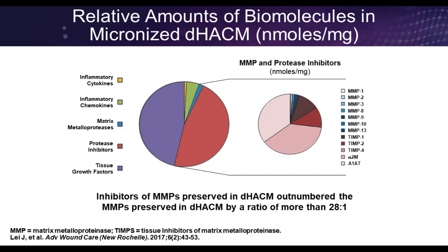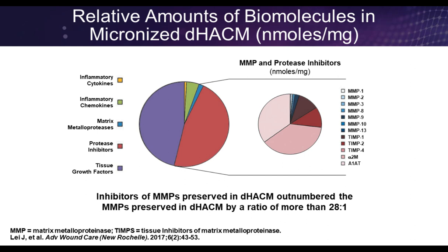They're about a 28-to-1 ratio. So in large part, what that means is that the amnion chorion membrane unit is actually very effective at providing a source of these inhibitors of the matrix metalloproteases. And that becomes important in trying to rapidly rebalance these levels.